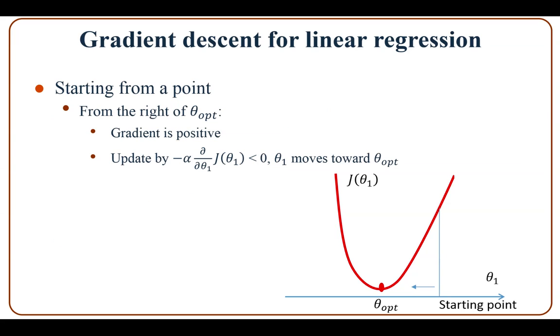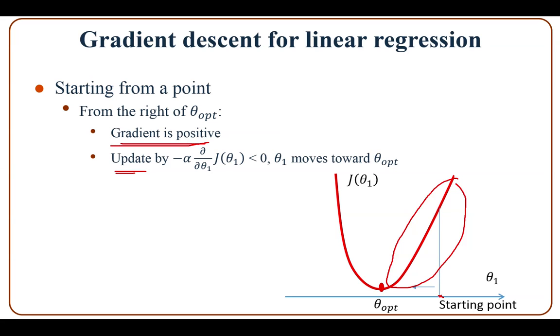So first let's assume that we start from a point on the right side of the optimal point, let's say from here. We can see that the gradient is positive. So on the right side of the quadratic function, the gradient is positive.